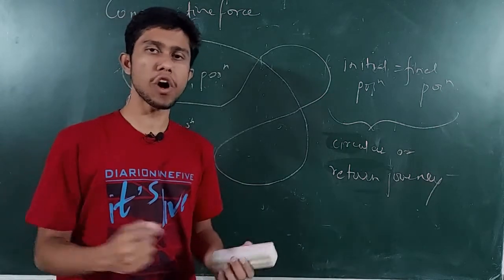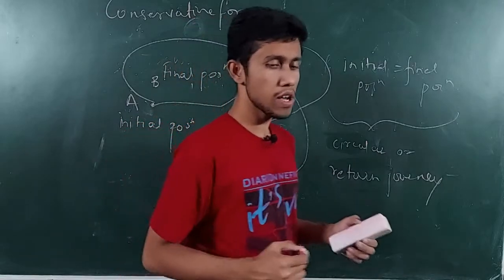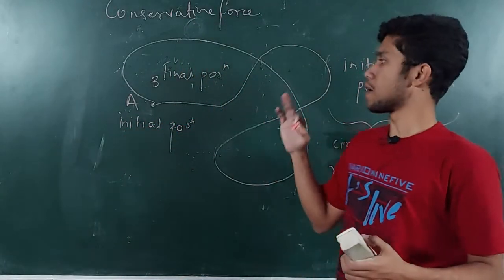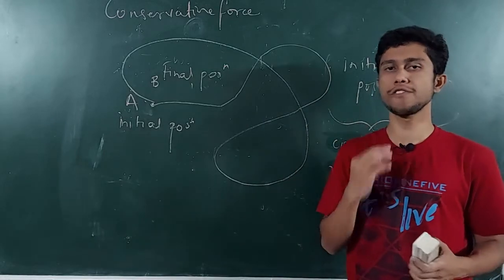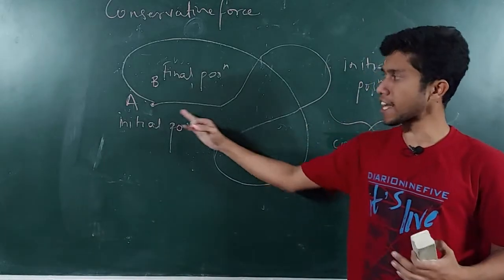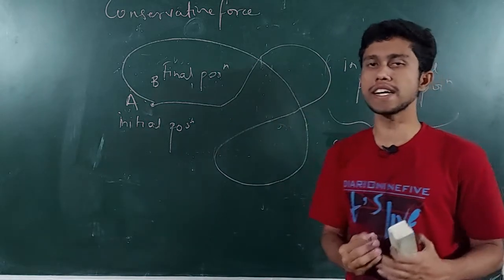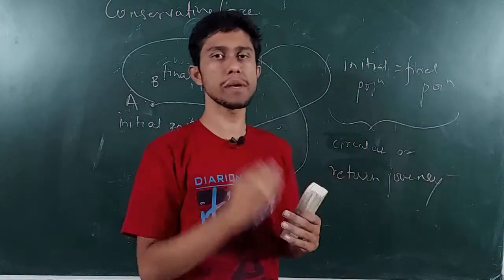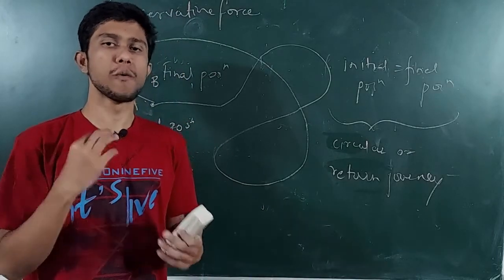So tell me, what will be the work done in this journey? In the presence of a force which is conservative, if the particle is performing such a return journey, then the work done by that force on the body will be 0. Why?